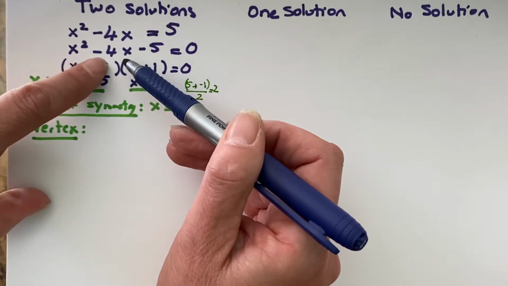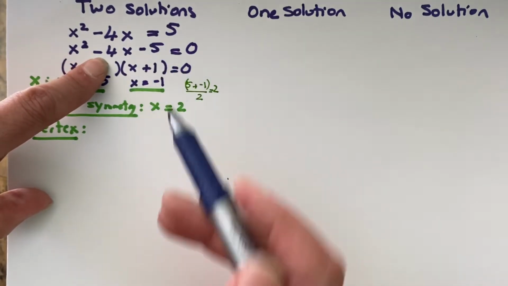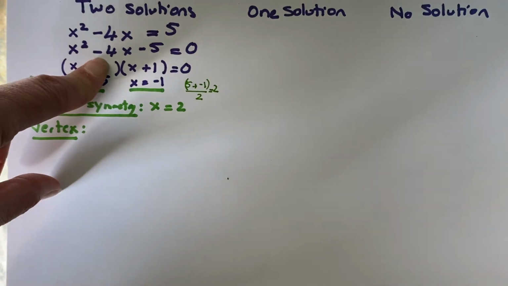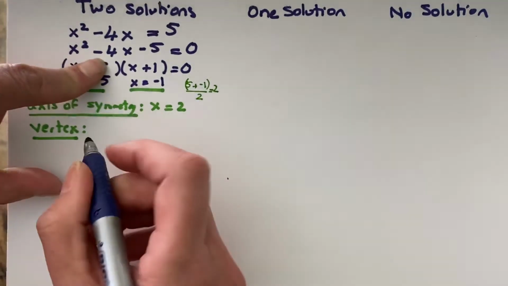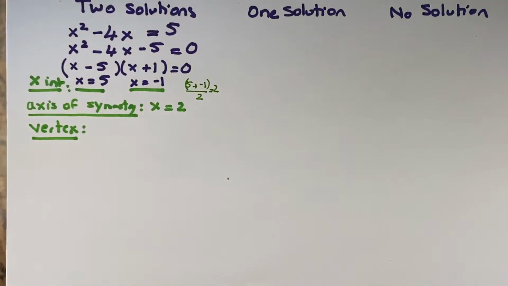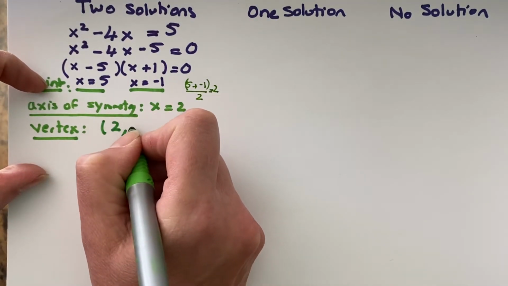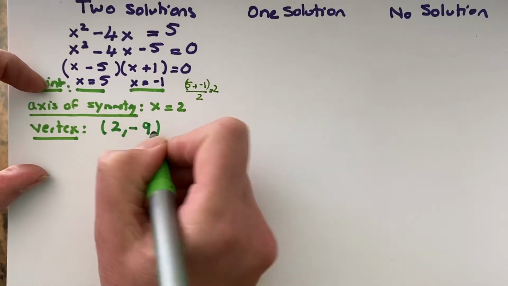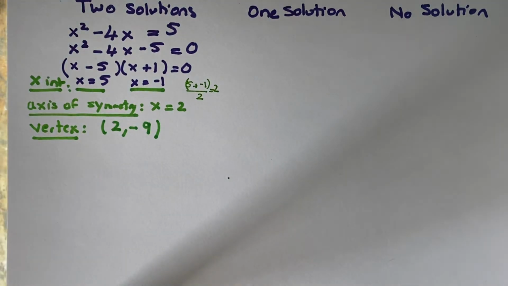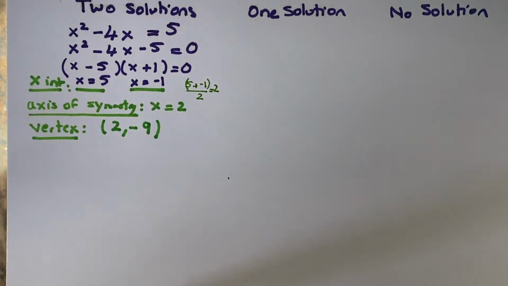So 4 minus 8 is -4. -4 minus 5 is -9. So my vertex is going to be 2, -9. Let me make sure that's correct. I think so.